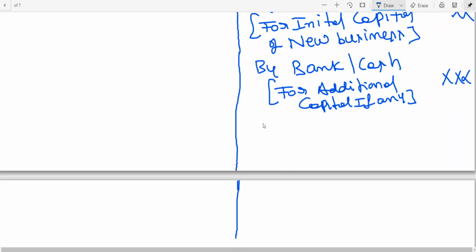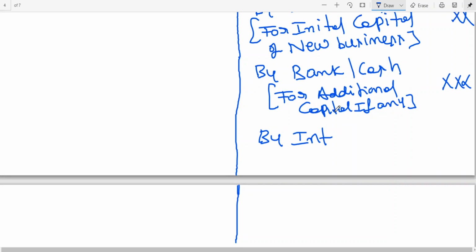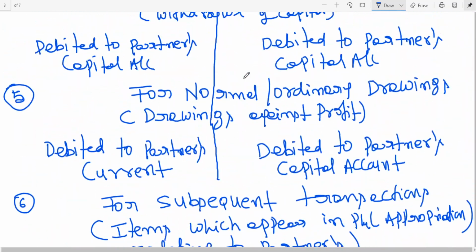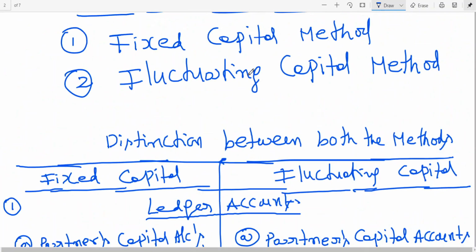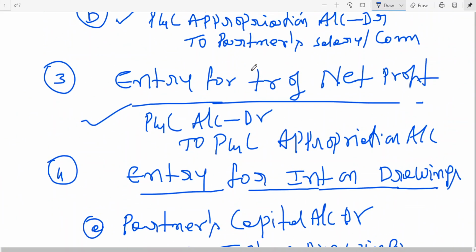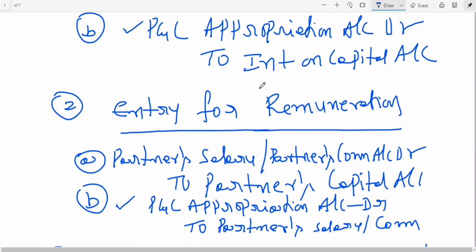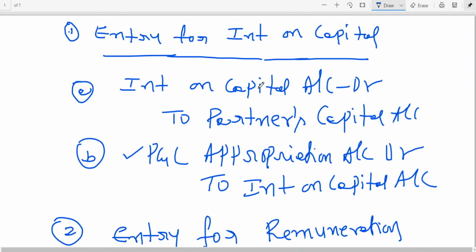Okay, then next. By interest on capital. Today I have given the entries explaining the concept of fluctuating capital. If it is fixed capital, I told you, in place of partner's capital account, which will go? Current account will go. Here you can see interest on capital. If it is fixed capital, we credit which account?